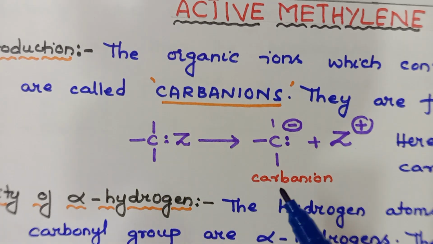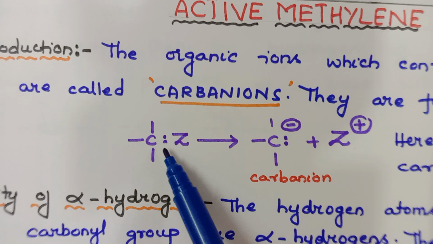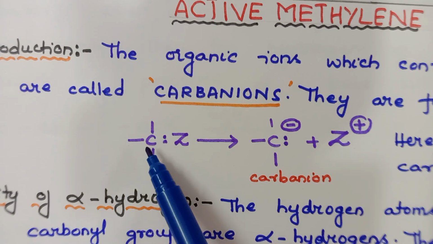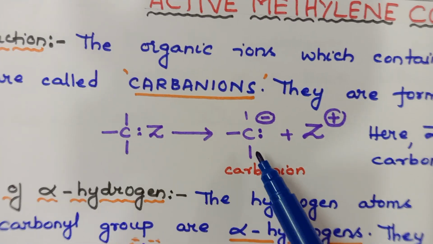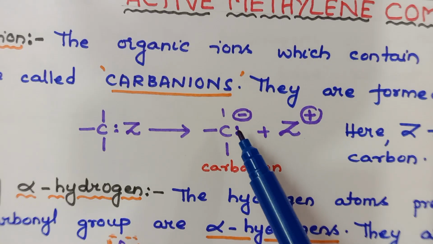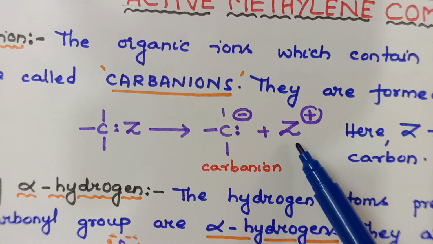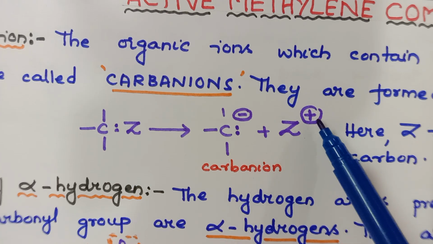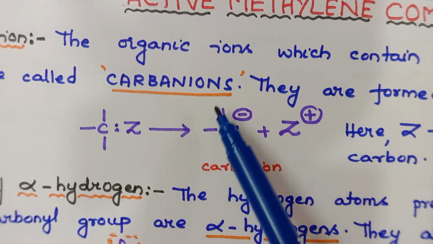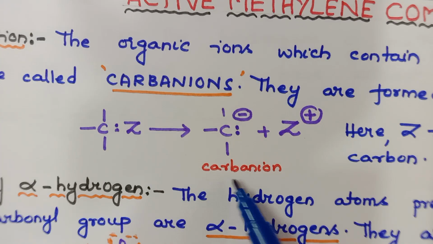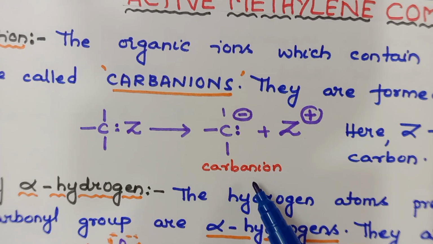So after heterolytic fission, what happens? These two electrons are taken up by this carbon, by which carbon acquires a negative charge, and this Z atom acquires a positive charge. This is called a carbanion, which I have mentioned here.